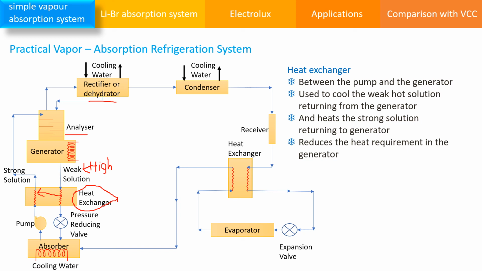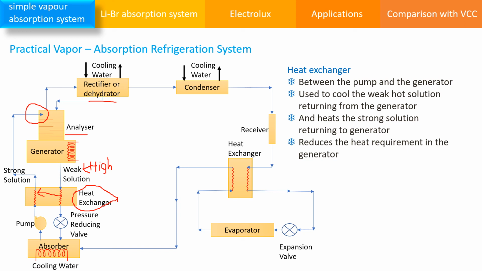And the strong solution is heated and passed through the analyzer, where at this point it can generate more ammonia vapor. Now it is both high temperature and high pressure compared to the previous stage. This results in ammonia vapor going to the rectifier, and the weak solution, the water solution of ammonia, drips down to the generator where it is heated again to generate ammonia vapors, and the cycle goes on.